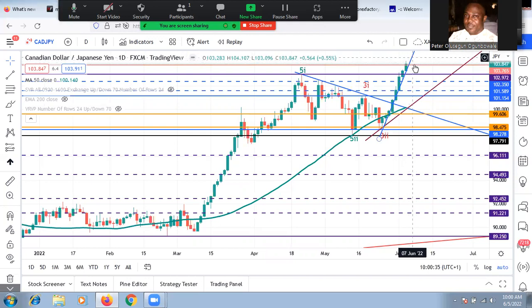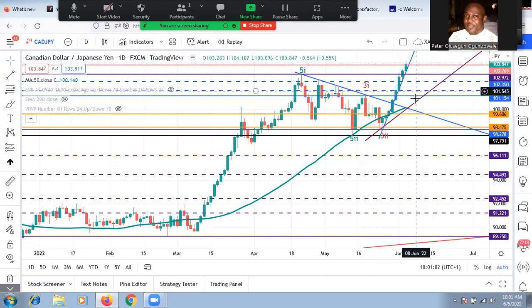Once this is broken, can you see after drawing it on the 4-hour the way it has given me a perfect level, so that we'll know on time once this structure is broken to the downside, and we can now have a 4th, a 5th, and begin to come down, targeting this level of trend support for more upside to now do a 3-3.